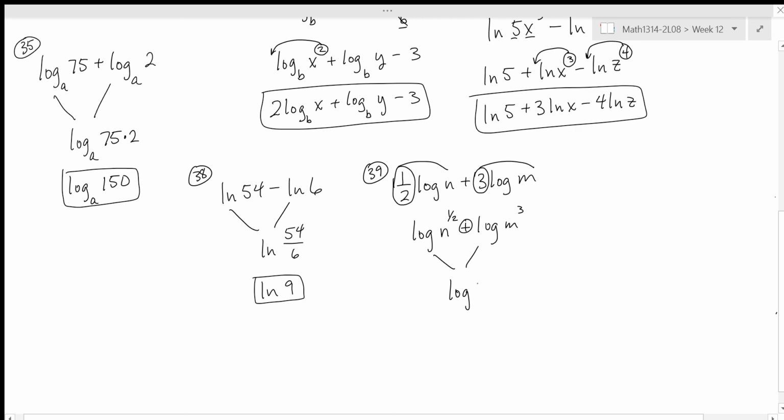Multiplication. So that'll be n to the 1/2 m to the 3rd. Taking the log of all of that, or you could say log of m cubed square root of n. You could actually write it like that.